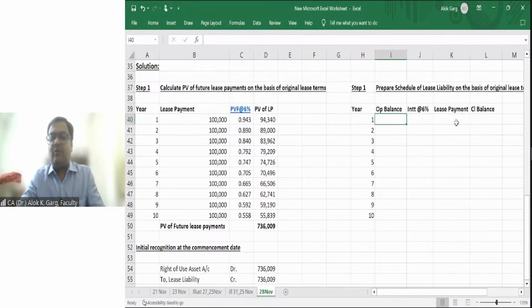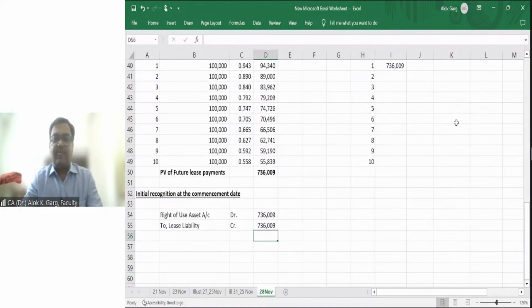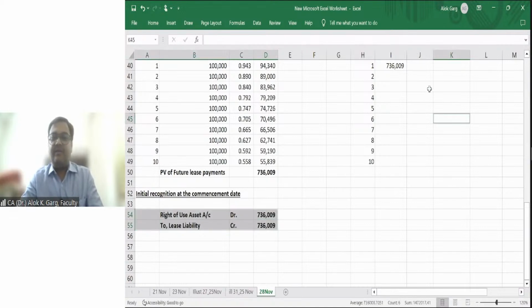What is my opening balance? My opening balance at the commencement date is 736009, right? This is the lease liability, ROU asset and lease liability. Simple entry. All are okay with this entry, right?